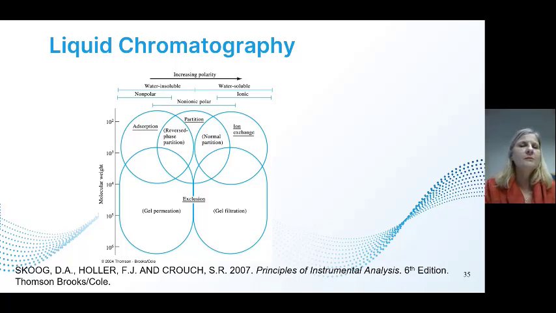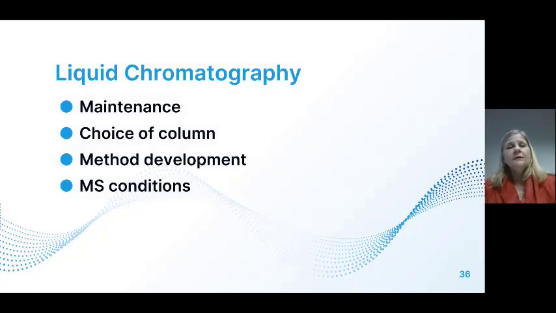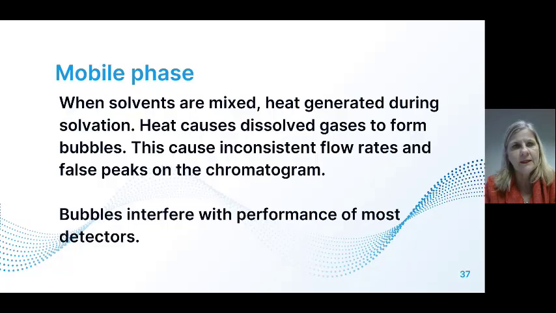So by choosing the correct column, we can separate a wide range of compounds in our sample. We're going to go through the same procedure as for GC. First step is what the different maintenance is, or what we have to look out for in liquid chromatography: the choice of the column, method development, and MS conditions.